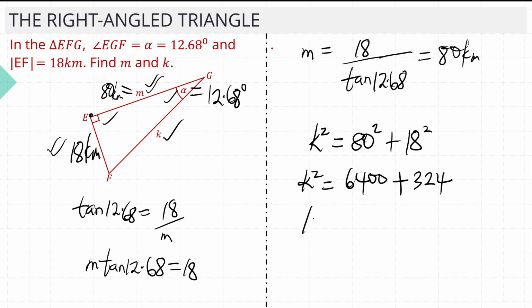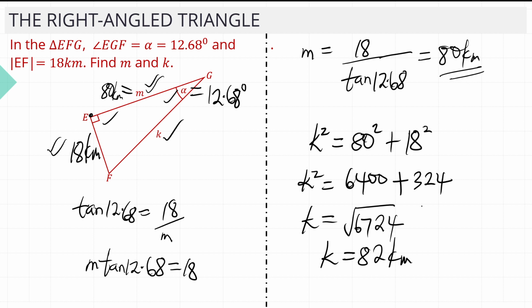Taking the square root of both sides, we now have it this way, and that gives 82 kilometers. So the value of M is 80 kilometers, and the value of K is 82 kilometers.